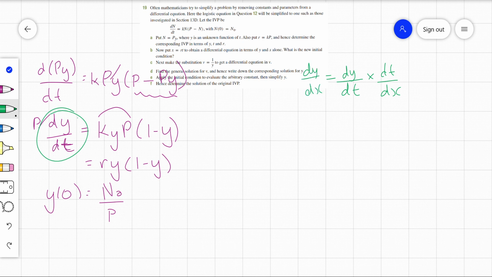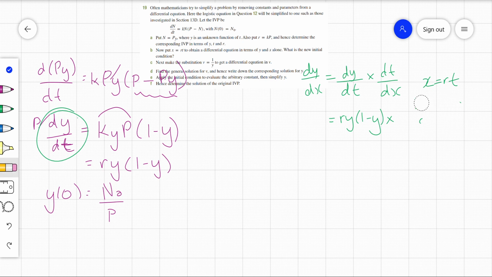So let's have a look. We're using x equals rt, so dx/dt will be r. So here we're going to get what we already have, rY(1 minus Y), and we're going to multiply it by the reciprocal of this, which is 1 on r.